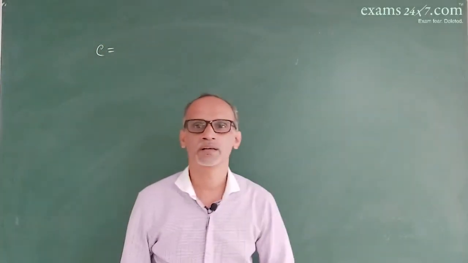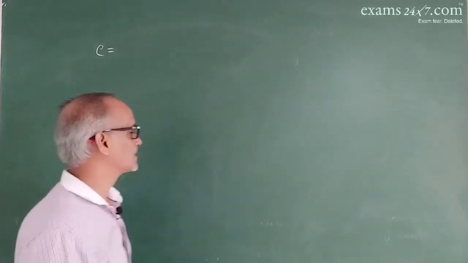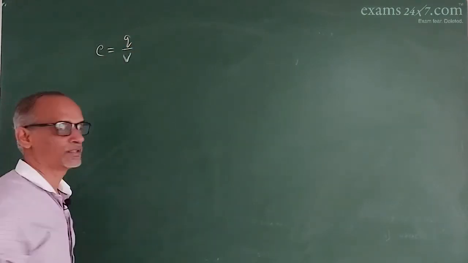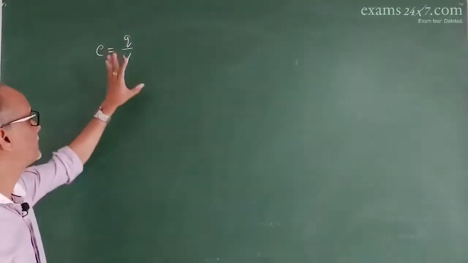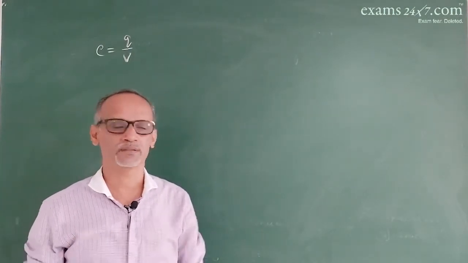Capacity of a conductor is its ability to store electric charges, and it's defined as the ratio of charge to the potential difference. And capacity is independent of the charge stored on the conductor.